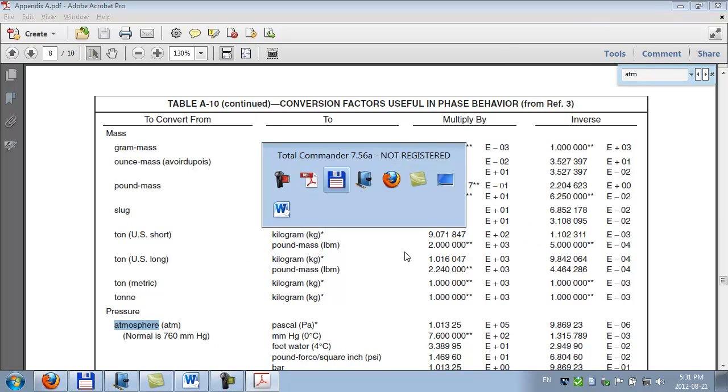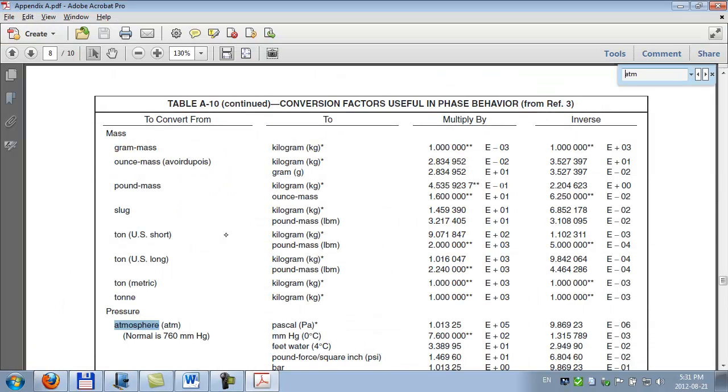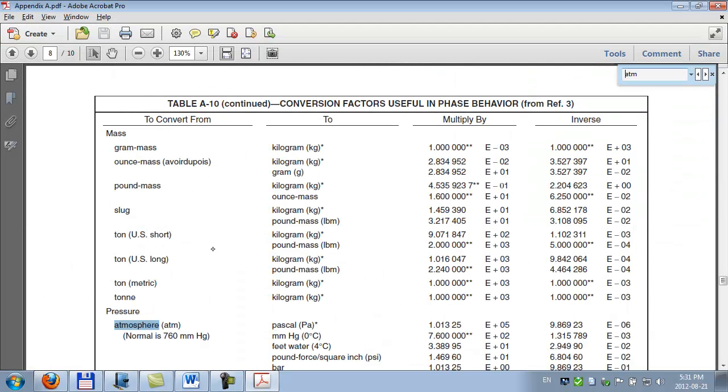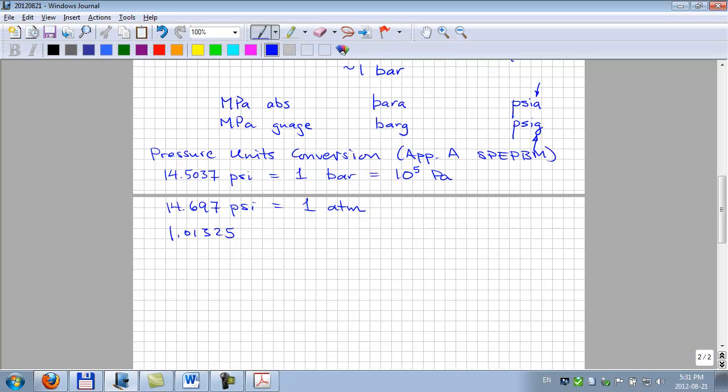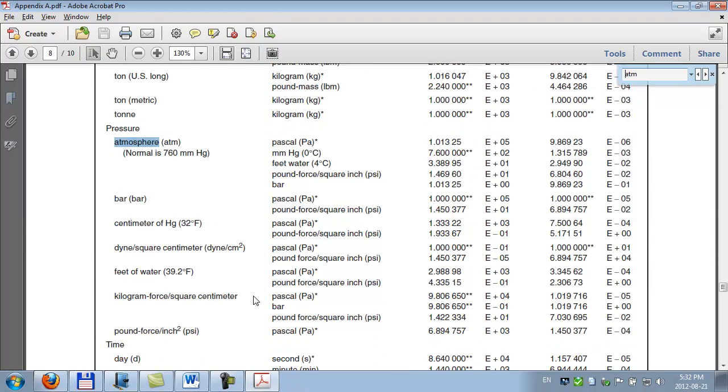Oh, that was atmosphere. Yeah, that we already knew. Now that's the ratio of these two numbers here. This would be atmosphere to 1 bar, I think. We were looking for kilograms per square centimeter. I always thought it was the other way around. Could be.